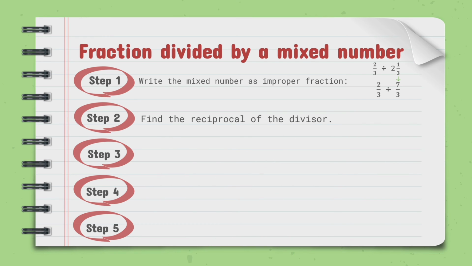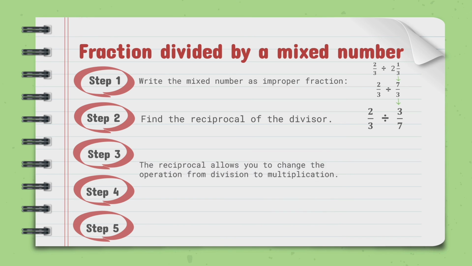Step 2, find the reciprocal of the divisor. Again, the divisor is the second fraction. So 2 over 3 divided by, from 7 over 3, it becomes 3 over 7. Just flip the numerator and the denominator.